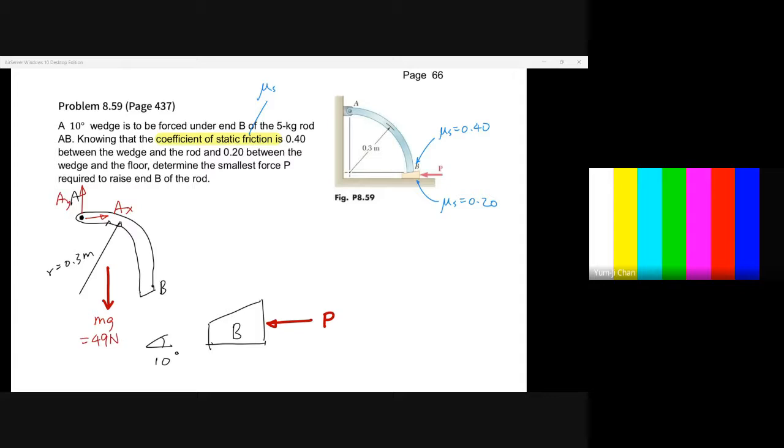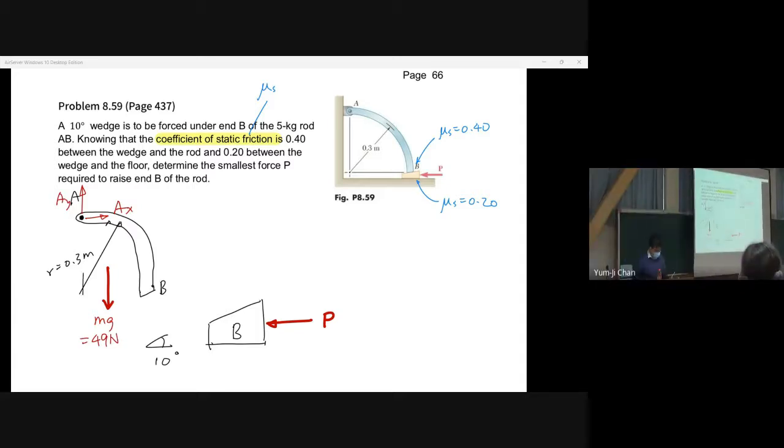Where should we draw the force? It acts on the centroid of the rod. So it should be 2R over pi.